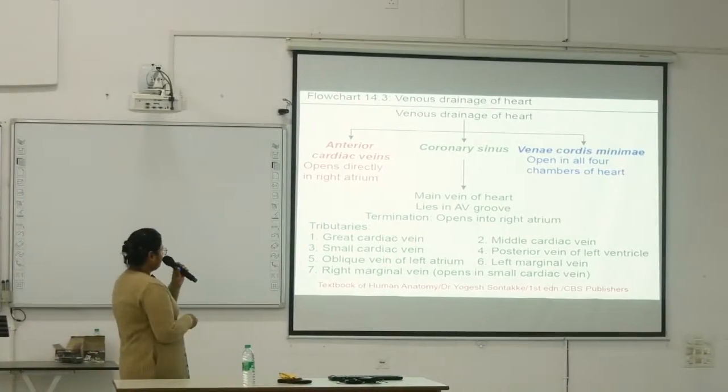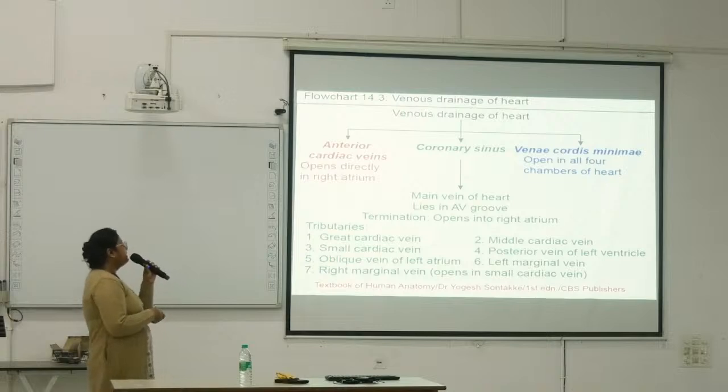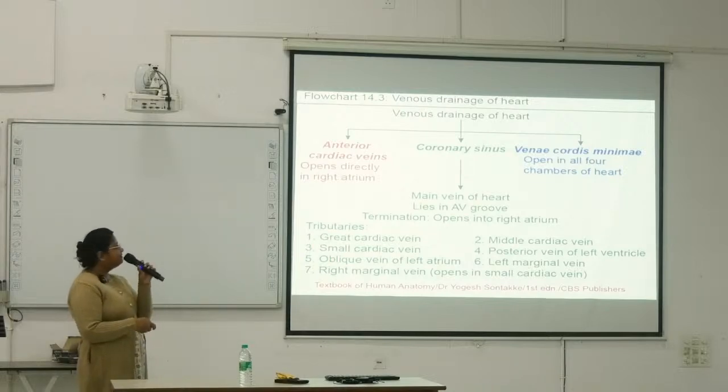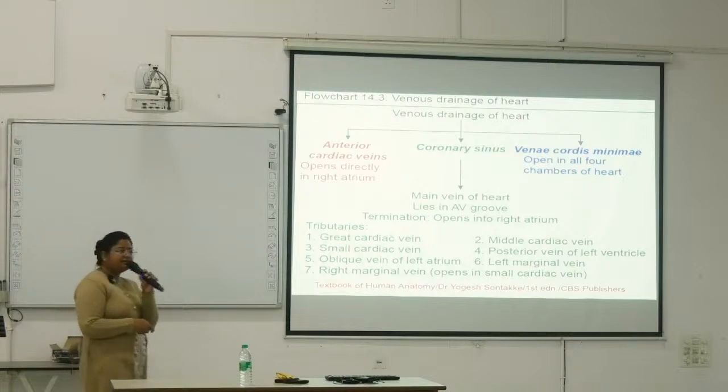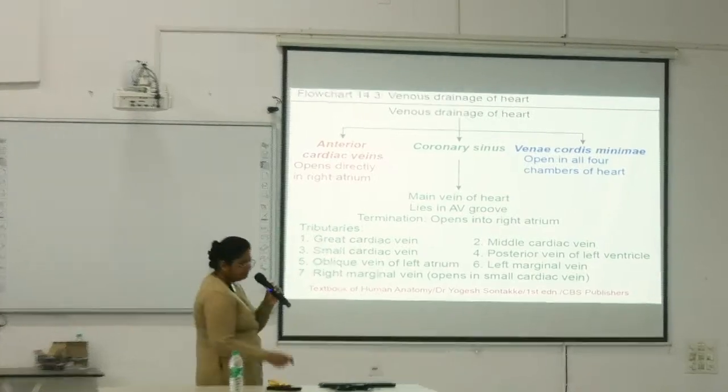Okay. And these are the tributaries of the coronary sinus: great cardiac vein, middle cardiac vein, small cardiac vein, posterior vein of left ventricle, oblique vein of left atrium, left marginal vein, right marginal vein, which opens in small cardiac vein. Okay, so these are the tributaries of the coronary sinus.